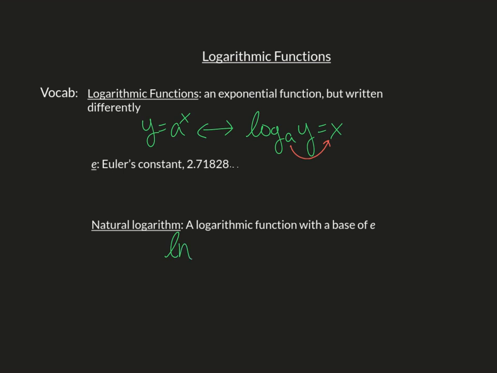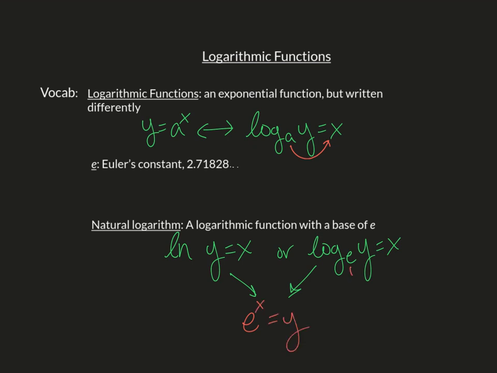And then again, you could have ln y equals x, with a little e down there, or you could write it as log with a base of e of y equals x. Both of these are telling us that what we actually have is e to the power of x equals y.